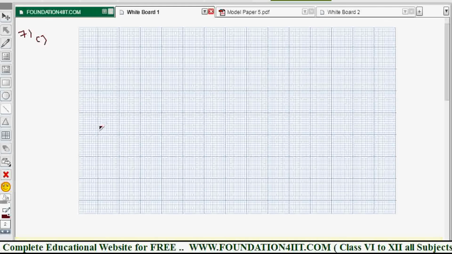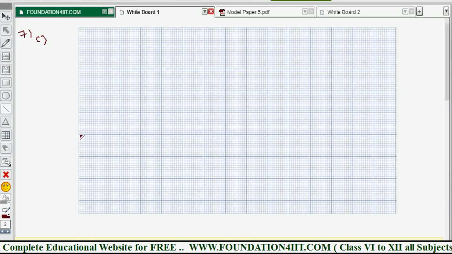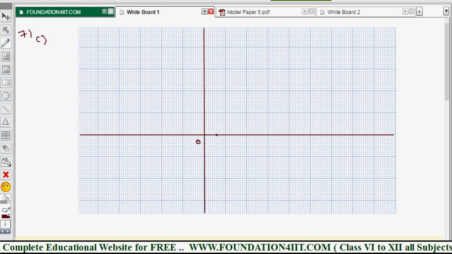So draw the x-axis and y-axis: a horizontal line and a vertical line. This is zero, and this side is positive: 1, 2, 3, 4, 5, 6, and so on.